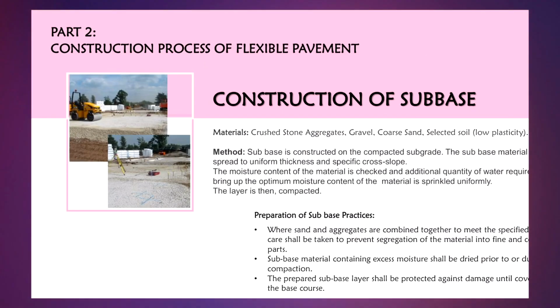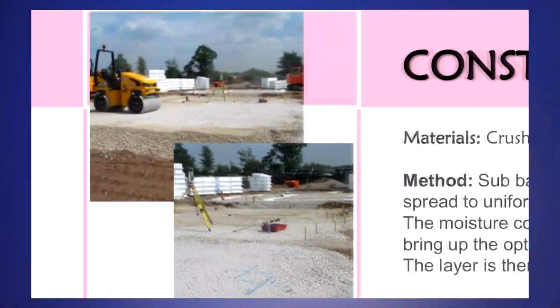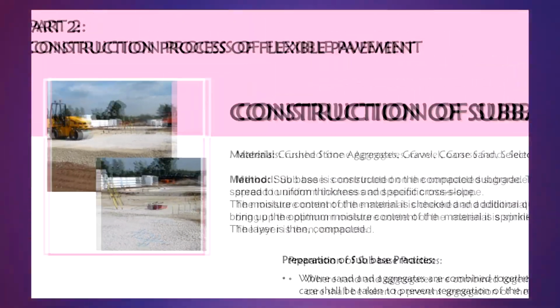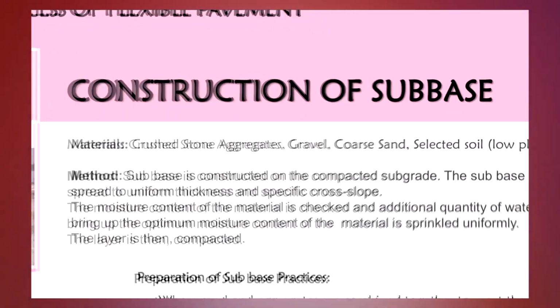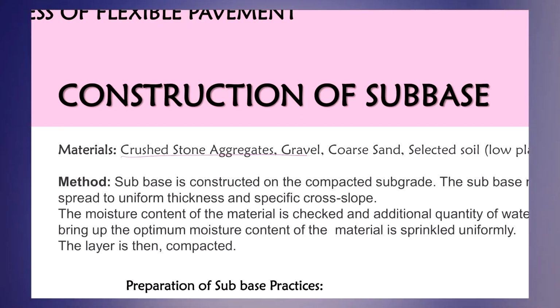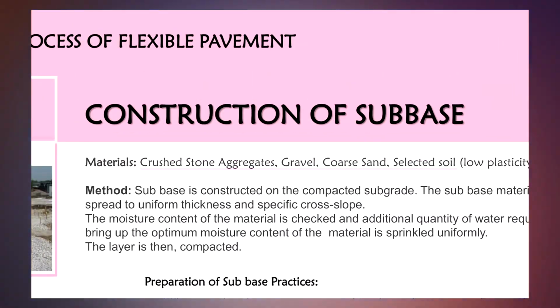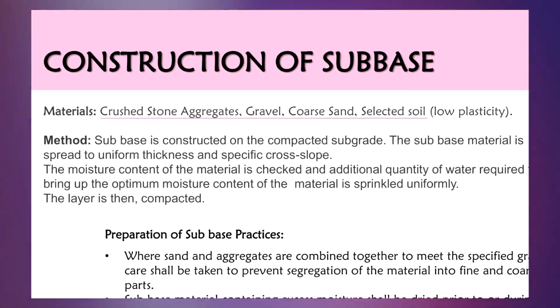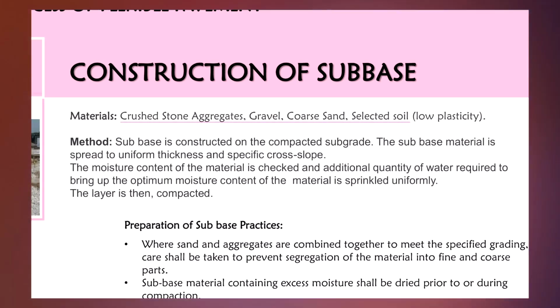And then we move on to the construction of the subbase. The materials for this layer is crushed stone aggregates, gravel, coarse sand, and also any selected soil, which has low plasticity. The method for the construction of subbase is, the subbase is constructed on the compacted subgrade.